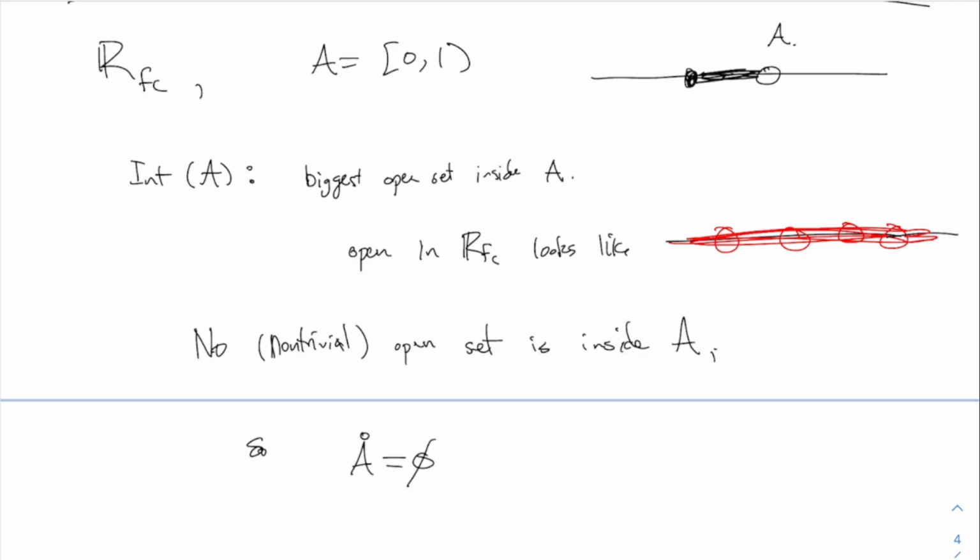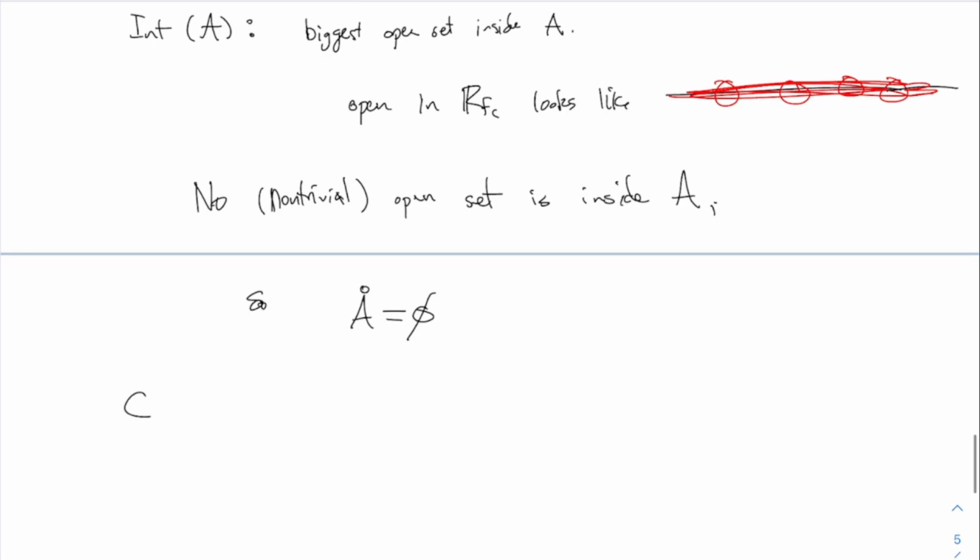And then what about the closure? So the closure of A, this would be the smallest closed set containing A. All right. We should think about what does a closed set in the finite complement topology look like?